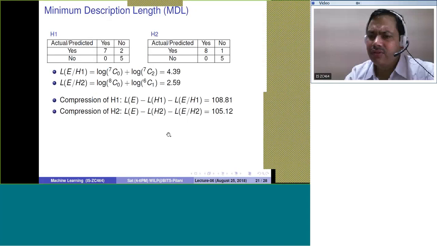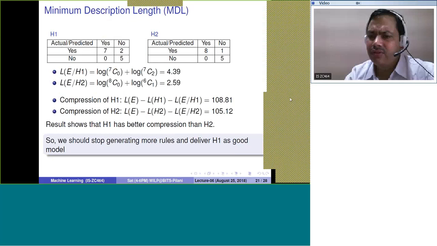Are you with me? This is an important thing: although I have a better algorithm, I would not go for that better algorithm because it is not compressing the data much.